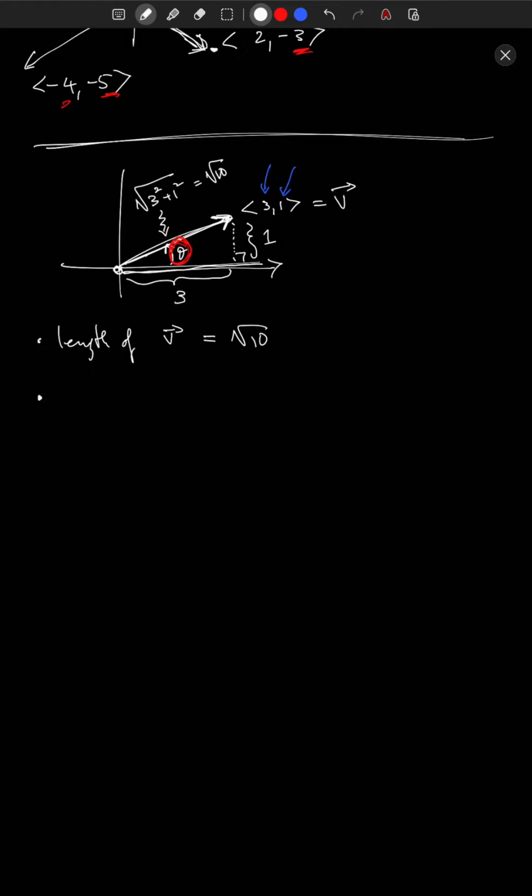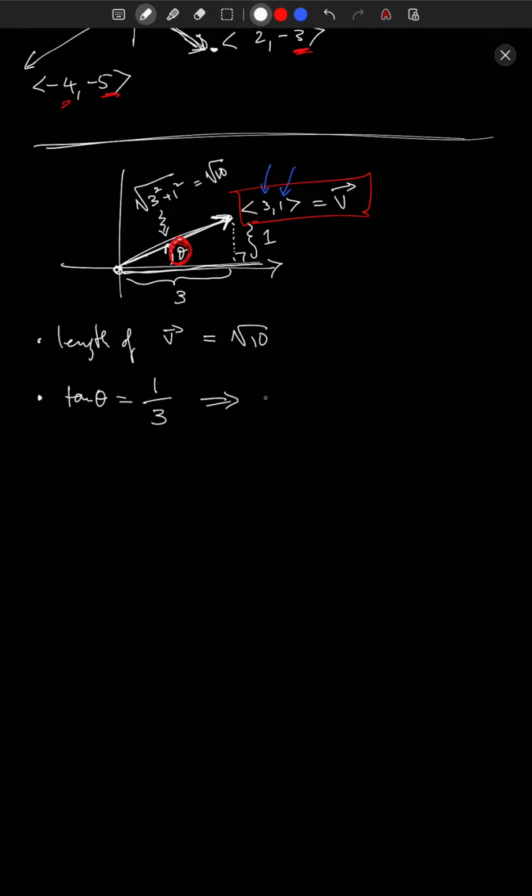So if I give you this 3 comma 1 description for v, the question is what exactly is that angle theta? And again, here's where the trig comes in. Tangent theta is equal to opposite over adjacent, right?